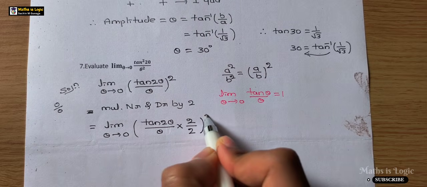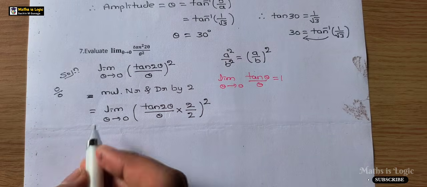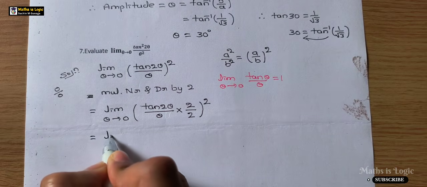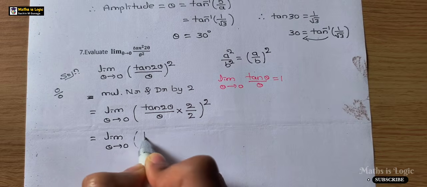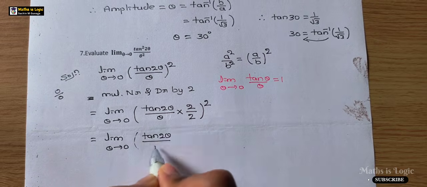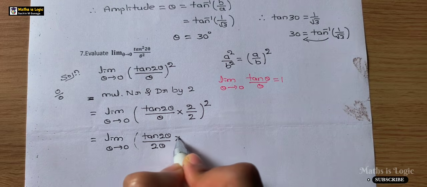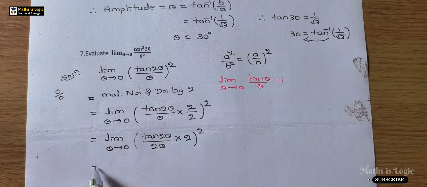Next, keep that whole bracket square as it is. Next, which is equal to limit theta approaches 0, tan 2 theta divided by 2 theta, into 2, keep it as it is, whole bracket square. Next, apply limit theta tends to 0.